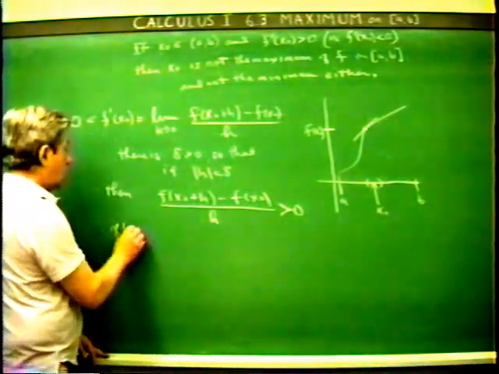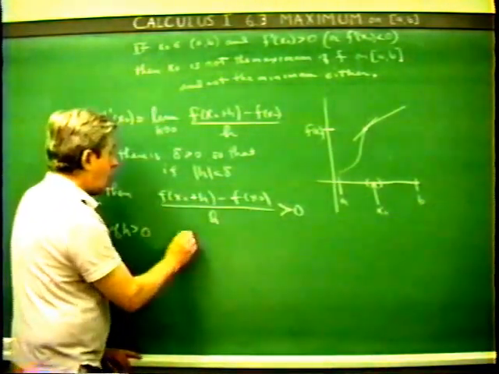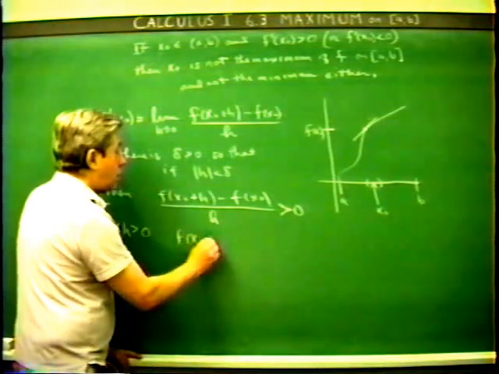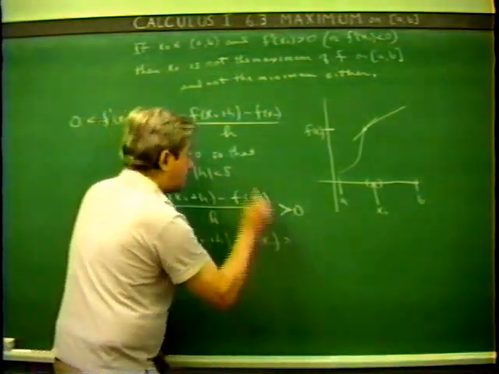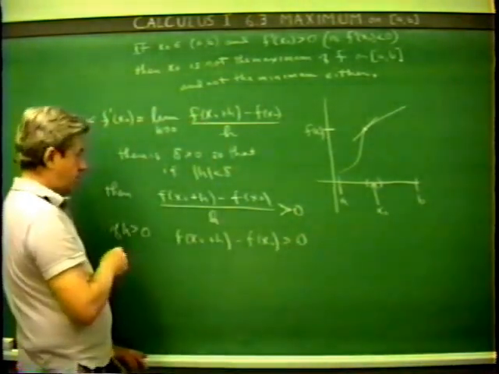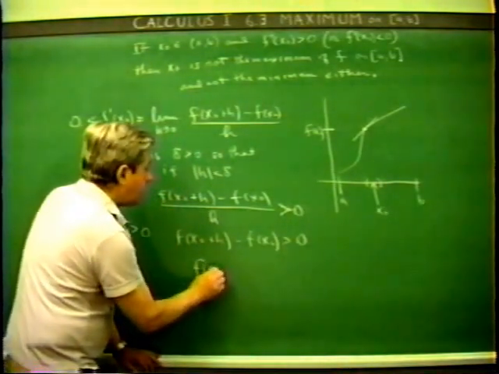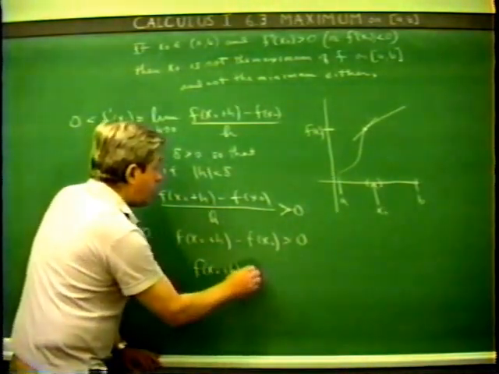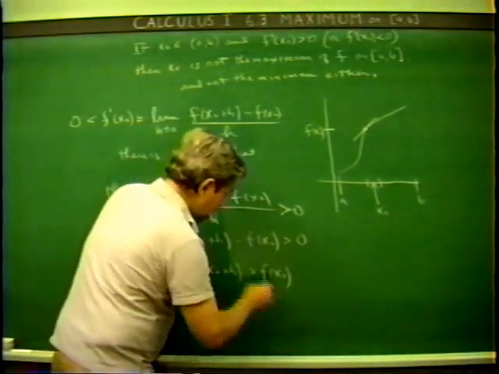Right? Now, if h is greater than 0, then we can multiply both sides of this inequality by h, and we get f of x naught plus h minus f of x naught is greater than 0. That's to say, f of x naught plus h is greater than f of x naught.